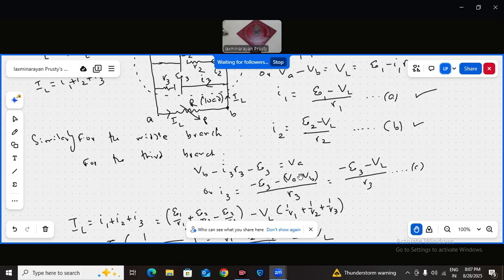So VA minus VB is your VL. So I3 will become minus E3 minus VL by R3. Just rearrange: VA minus VB, take it as VL, then bring I3 to this side. So VL minus E3 by R3 is your I3. So this is also done.